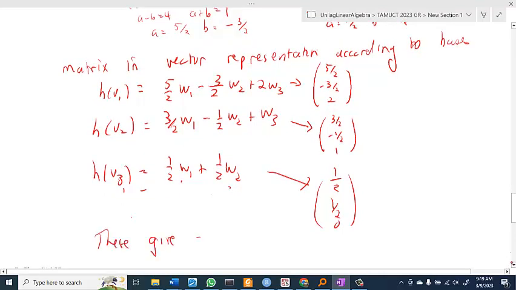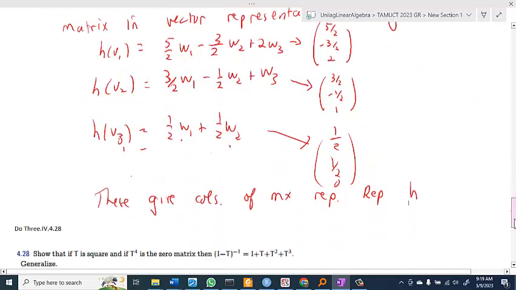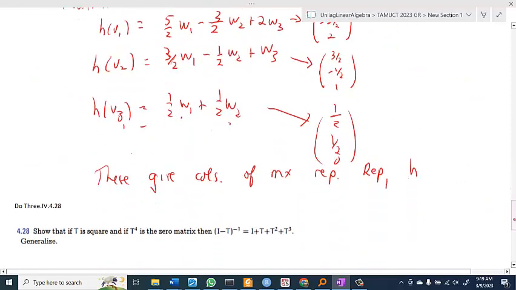These give the columns of the matrix representation. Okay, so that means that rep H with respect to these bases, and I even forget what he calls the bases, I think he calls them B and C, from B to C, is going to be equal to just the columns here.